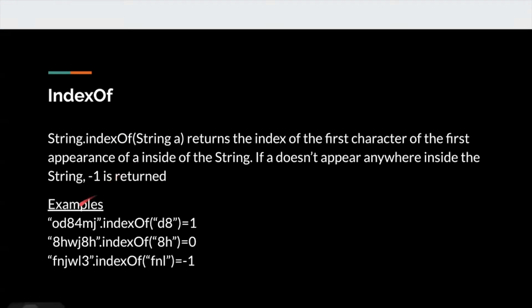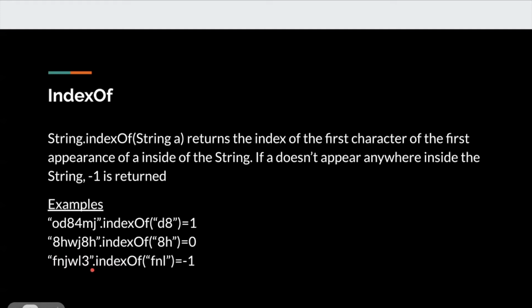So here are some examples. od8fmj.indexOf(d8) would return 1 because this is the first appearance of d8 inside of the string, and the index of the first character, which is D, is 1. 8hwj8h.indexOf(8h) would return 0 because this is the first appearance of 8h inside of the string, and the index of the first character, which is 8, is 0. fnjwl3.indexOf(fnl) would return -1 because fnl does not appear anywhere inside of this string.